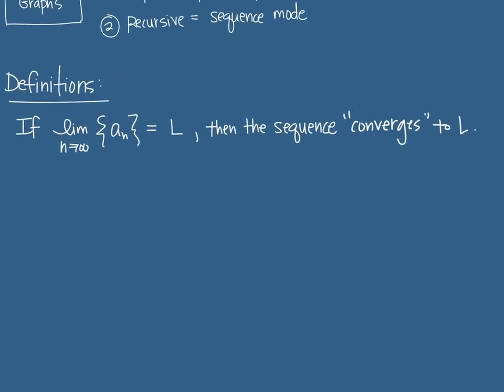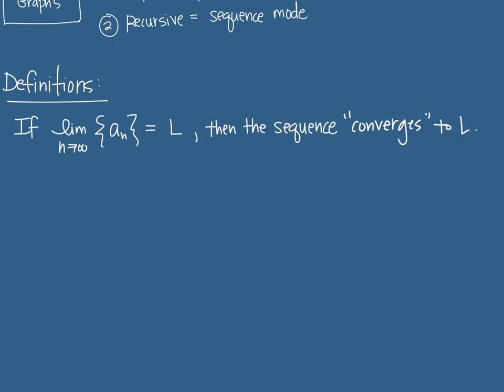All right, if the limit of the sequence, it's the final term, it's the terms all the way out as far as you can go. So again, think horizontal asymptote. Think AKA, also known as horizontal asymptote.